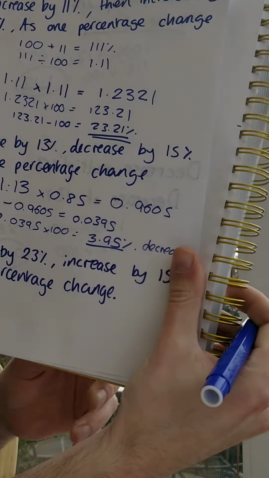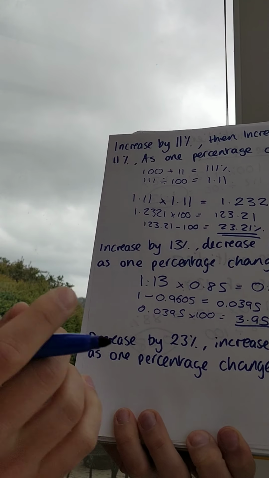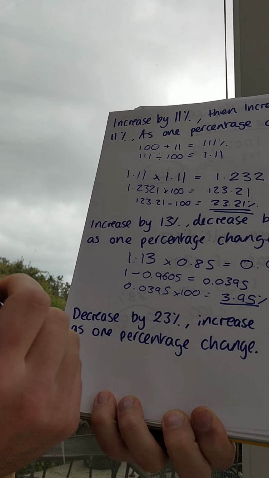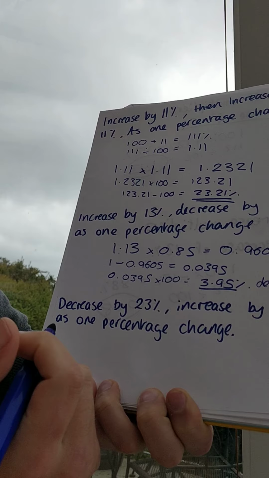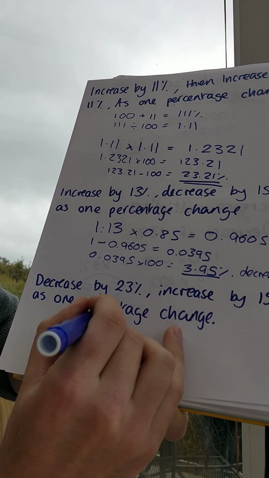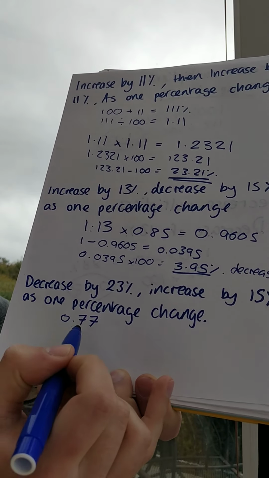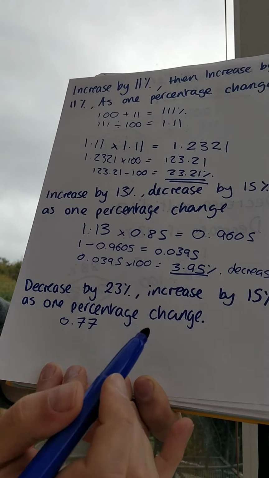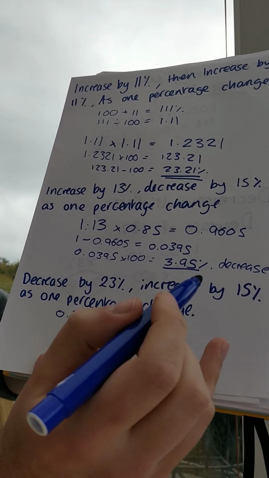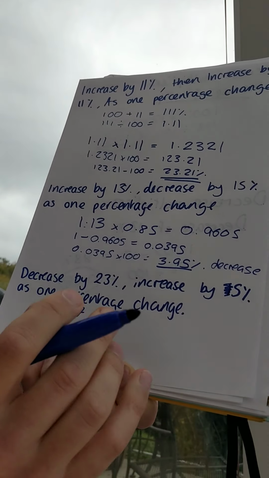Now, if that still doesn't make a lot of sense, hopefully the last one will. If you've got a decrease by 23%, you do 100, take away 23, which is 77, which would be 0.77. So that, as a decrease, decimal multiplier would be 0.77. Hopefully that makes sense. An increase by 15% here, I've actually done that as 5 in the previous one.